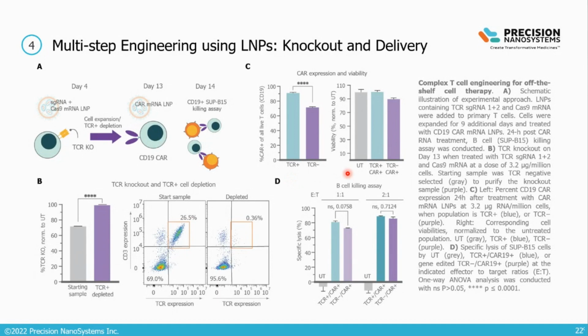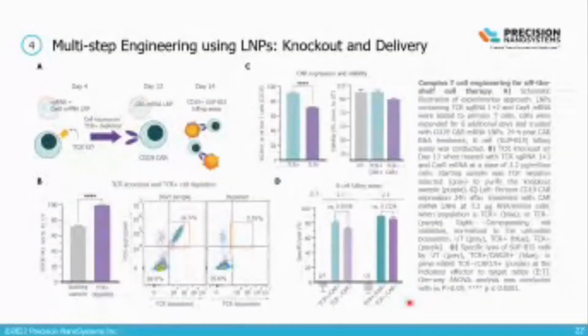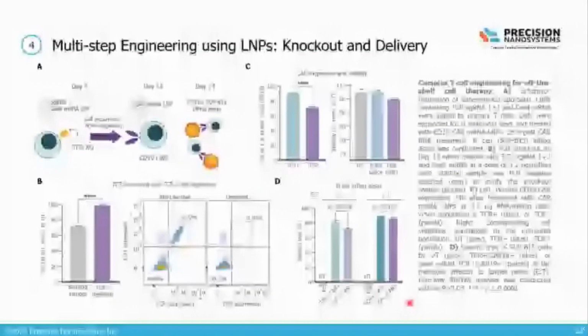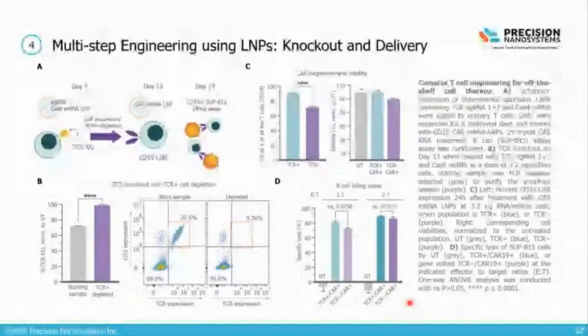And finally, we did the co-culture killing assay. In this case, we checked 2 different effector to target ratios, 1:1 and 2:1, and measured the specific lysis of the leukemia cells. What we see is there's functionally no difference between the edited and unedited cells, and both of these populations efficiently clear the leukemia cells at the 1:1 and 2:1 ratios, about 80% cell lysis.